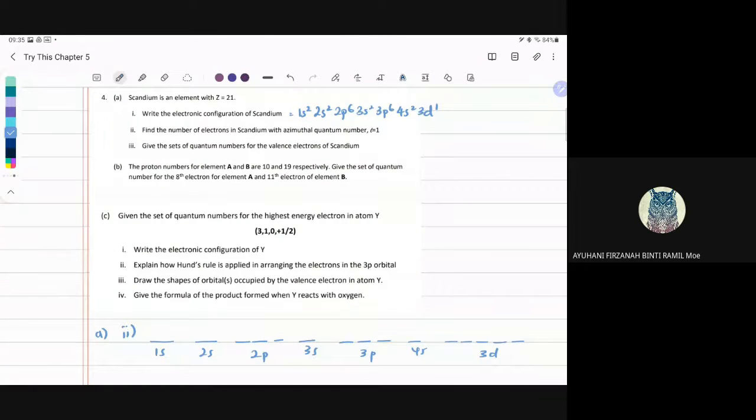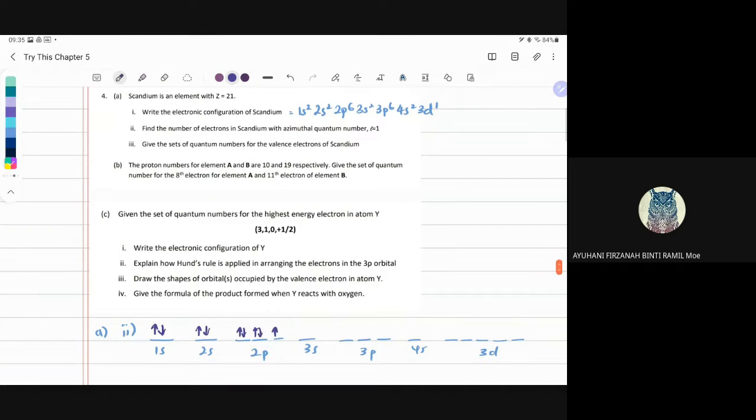Okay. Jadi, untuk this one, 1, 2, 3, 4, 5, 6, 7, 8, 9, 10, 11, 12, 13, 14, 15, 16, 17, 18, 19, 20, 21.